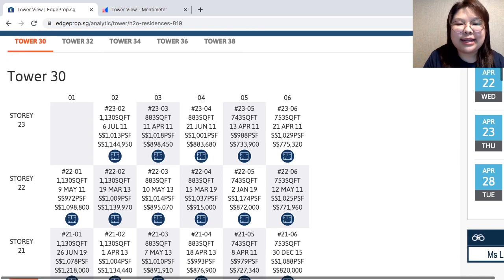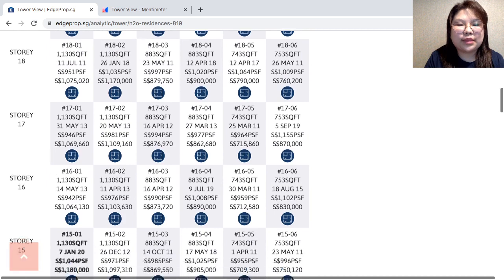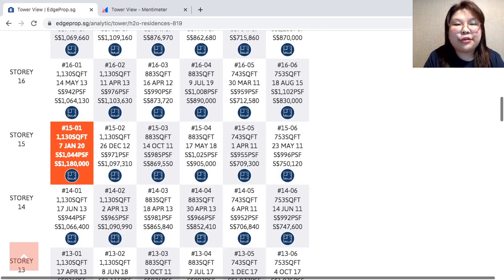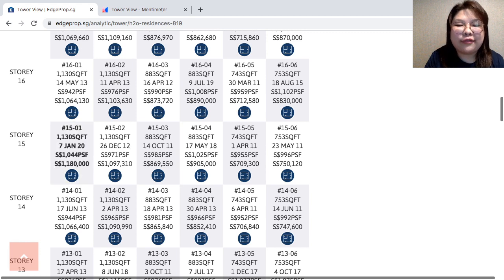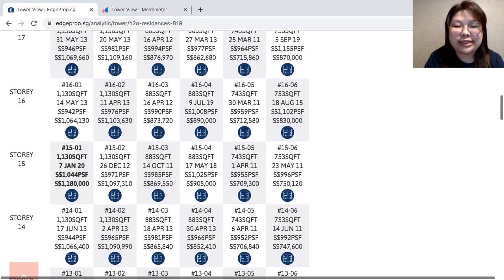The next thing I want to highlight to you, if you scroll to the bottom, look at 1501. If you see that the unit is highlighted in bold, that means this is a recently transacted unit in the last 6 months. How do you read all of these little unit grids here?